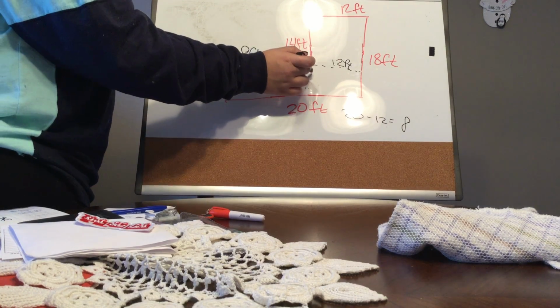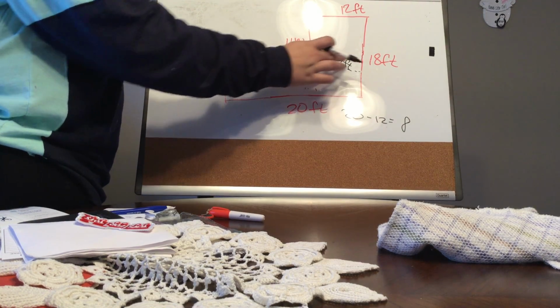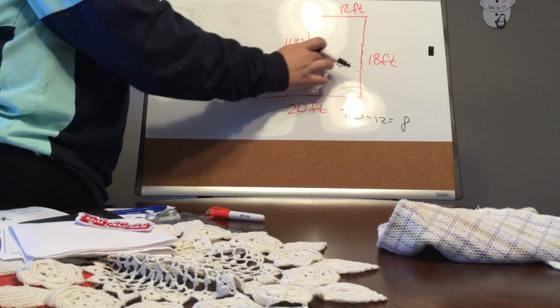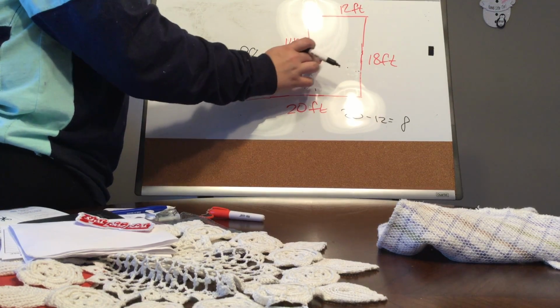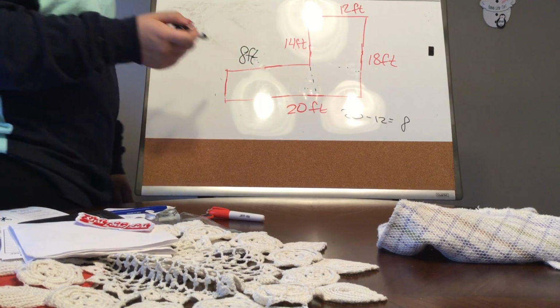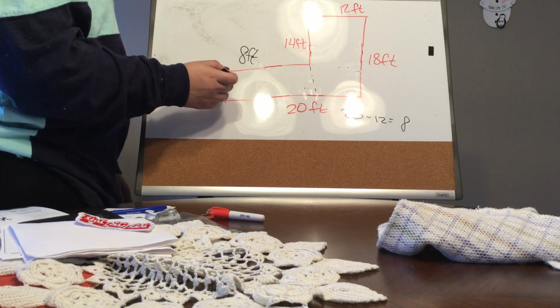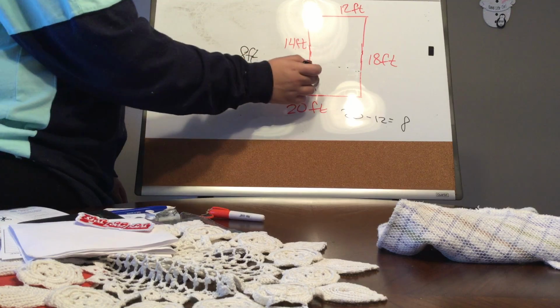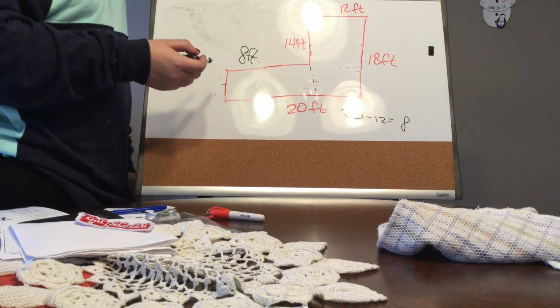And we're going to divide this rectangle again. This time, this part's going to be longer than this part. So we know that these two sides need to be the same.